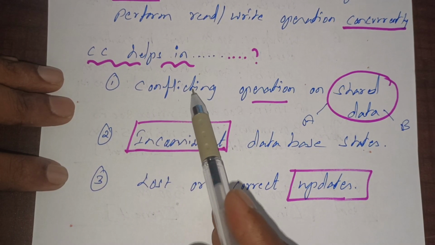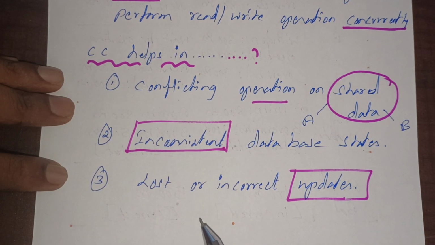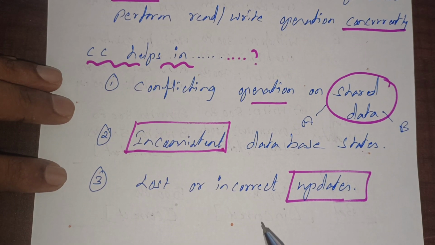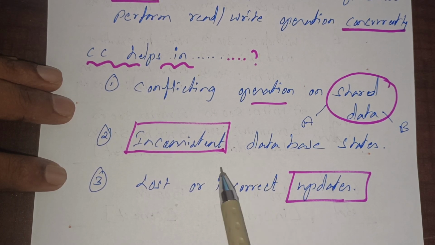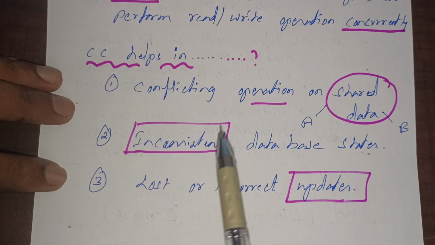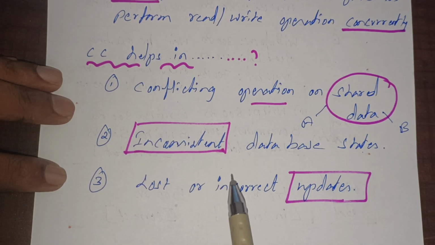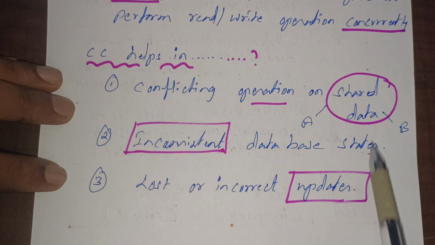So these are the three important points showing why concurrency control is very essential in a database management system and in the transaction process. You can make a note: by implementing concurrency control techniques such as locking or timestamp ordering, the database ensures that transactions are executed very safely and independently, even when they overlap in time.